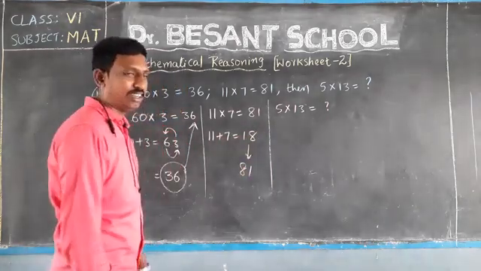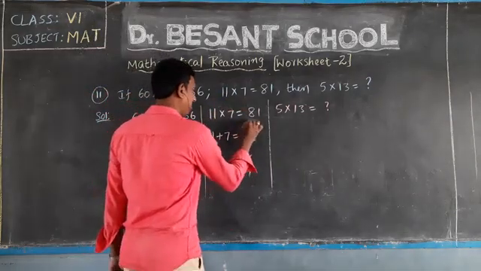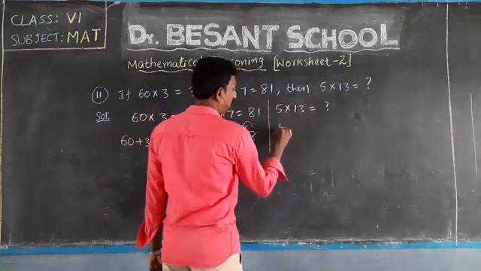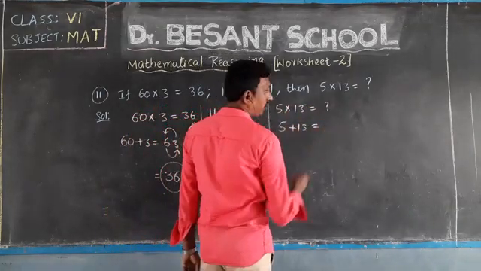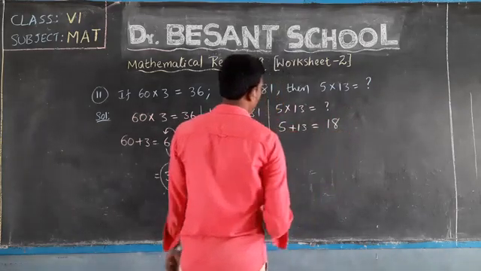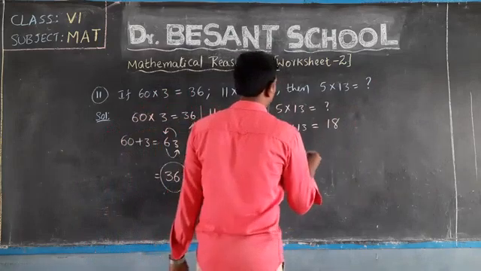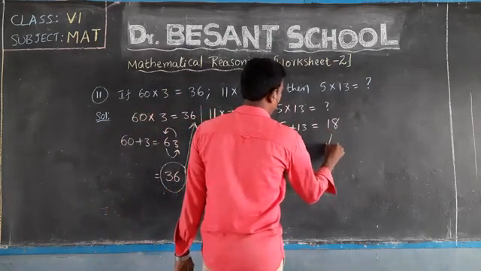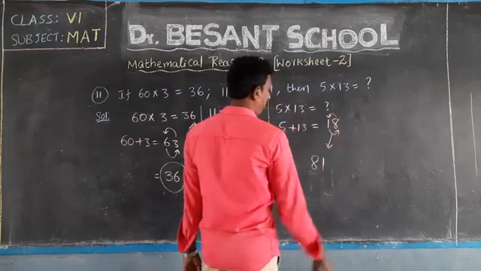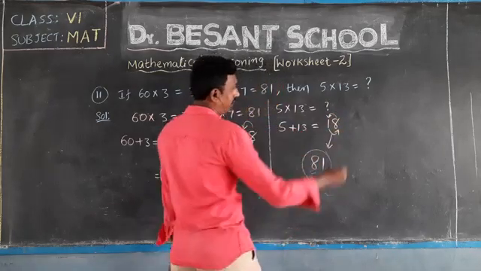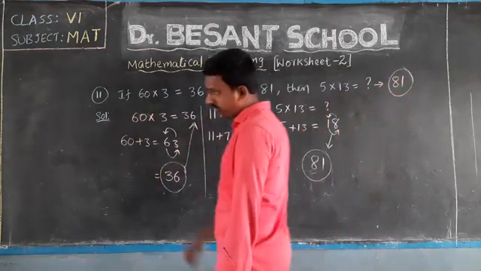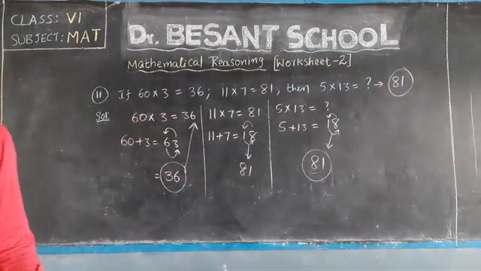If you reverse the digits, you will get it as 81. So again, here interchange of digits takes place. Similarly, 5 plus 13, how much? 18. If you reverse it, what do you obtain? 81. So if you interchange the digits, you will get the answer as 81. So what is our option here? Our option is 81. Do you understand the logic?